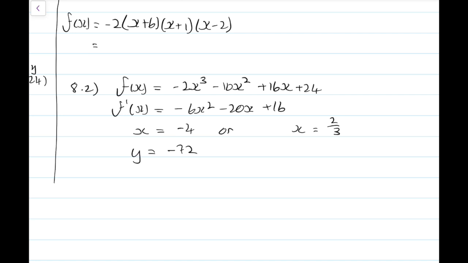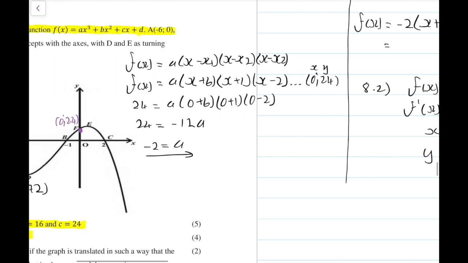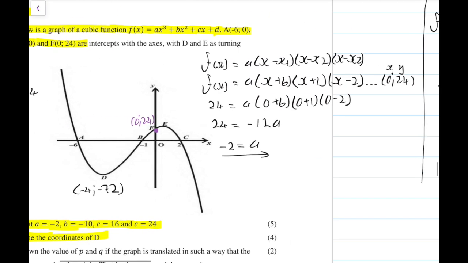Okay, so it's 800 over 27. All right, so that is E's coordinates: 2 over 3, and then 800 over 27.